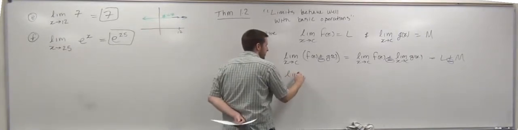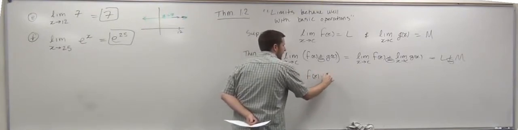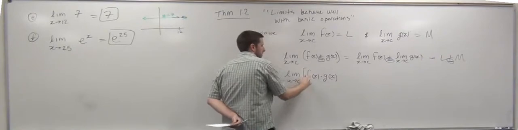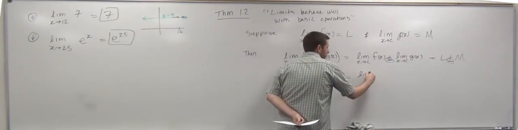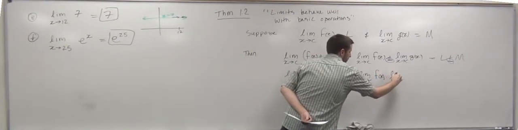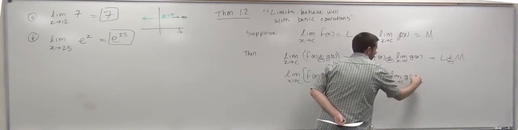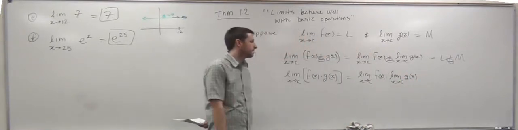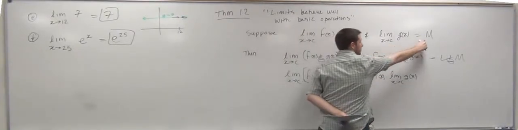Similar things for multiplication and division. If you have f of x times g of x, the limit goes to both of them. So the overall result is whatever this limit was times whatever this limit was.